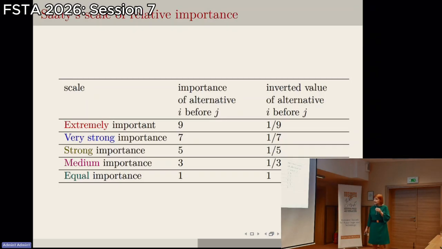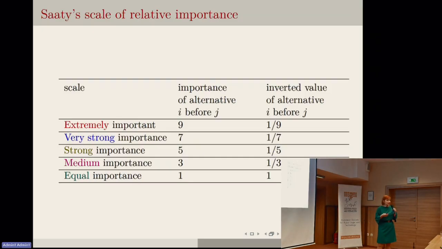You can see that some indicator, maybe a criterion, is extremely important. We put number 9, and consequently very strong, medium, and equal importance. We can use these numbers, and we can also use even numbers, not only these ones. And inverted values are these fractions.